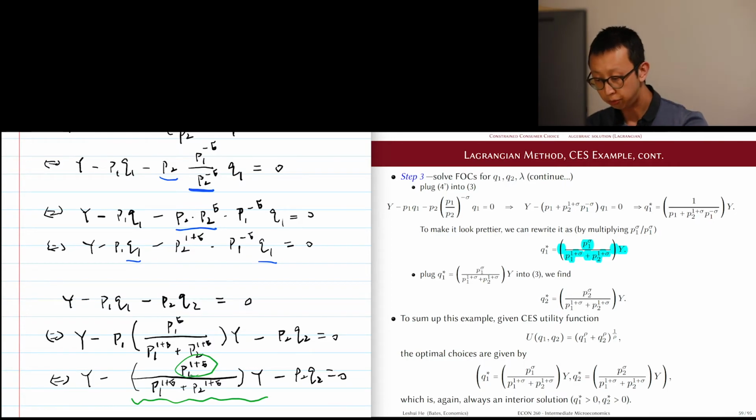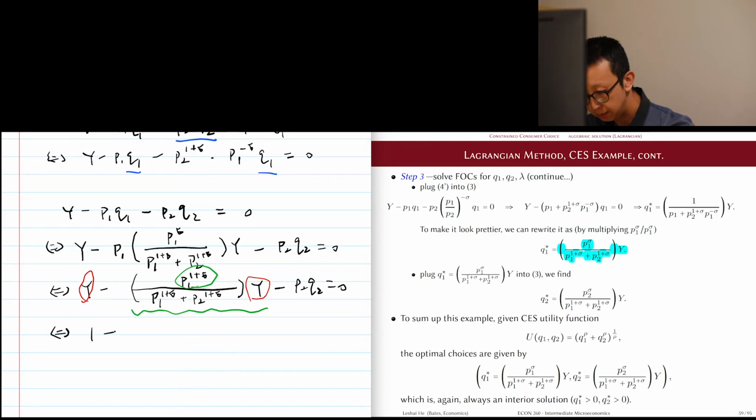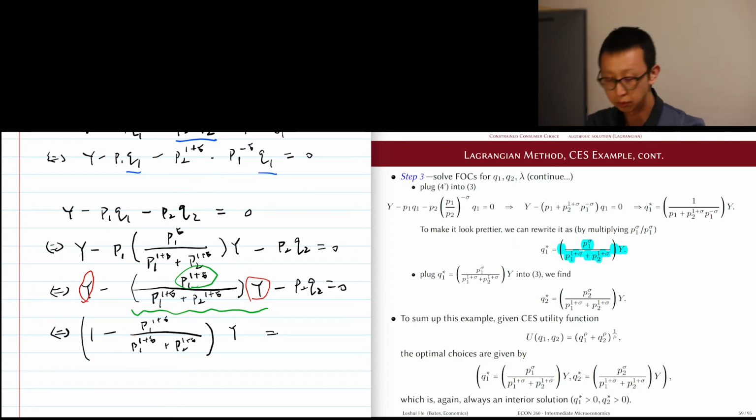Now, to solve for Q2, we can factor out the y here and the y here. So what we'll have is just 1 minus P1 to the power of 1 plus sigma over P1 to the power of 1 plus sigma plus P2 to the power of 1 plus sigma times y is equal to, moving P2 Q2 to the other side of the equation, we have this.